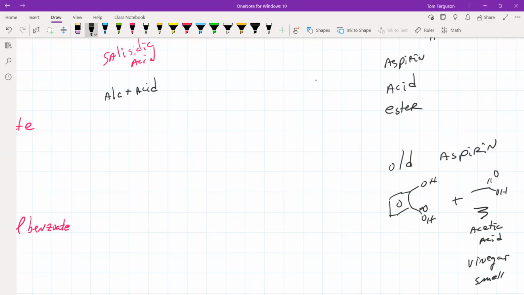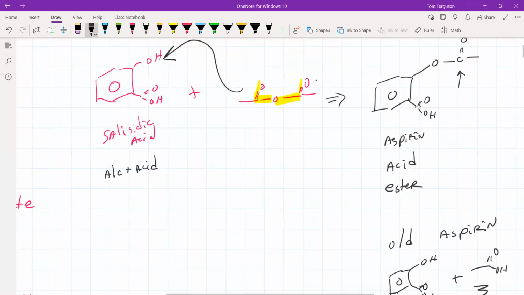Now, salicylic acid is considered an NSAID as well. It just isn't as effective as aspirin. NSAID is non-steroid anti-inflammatory drug.